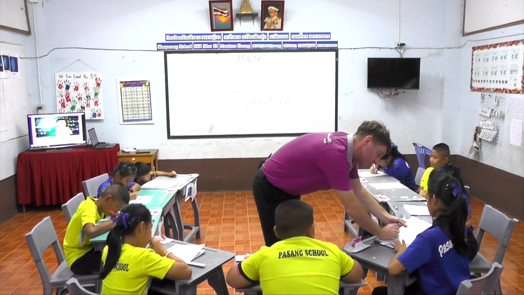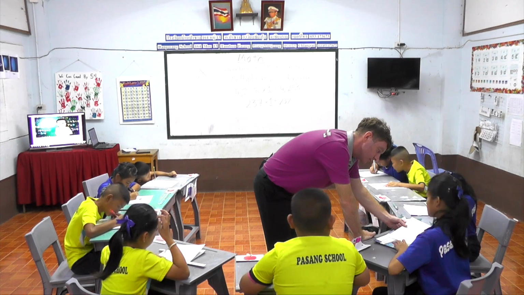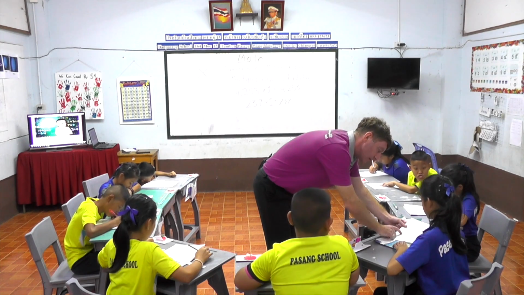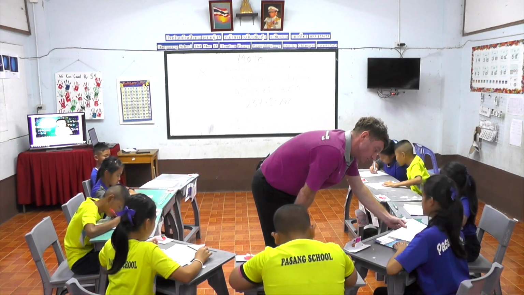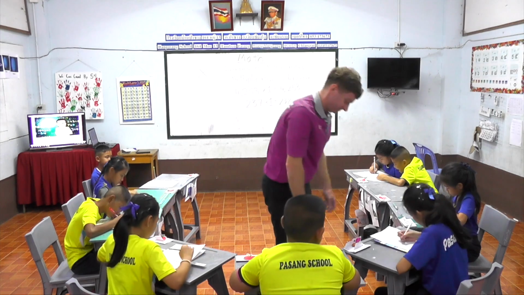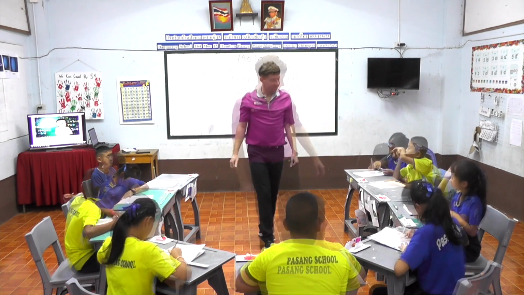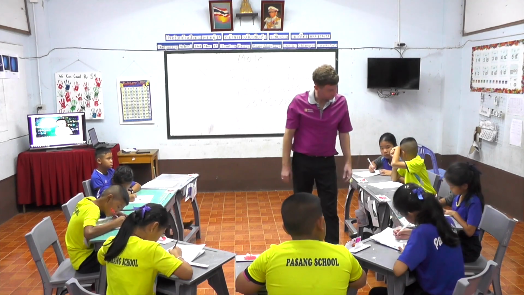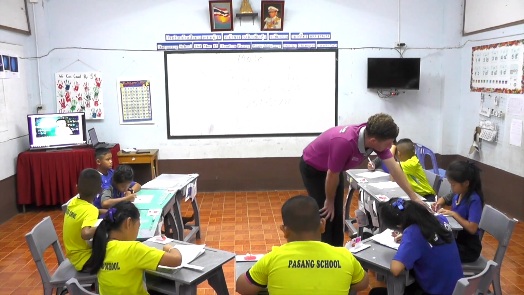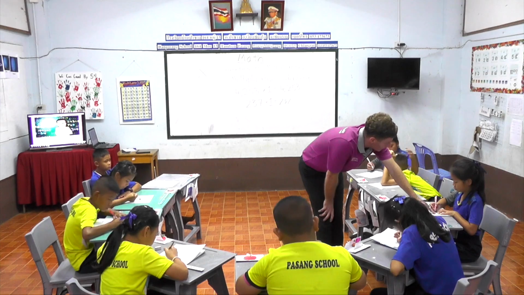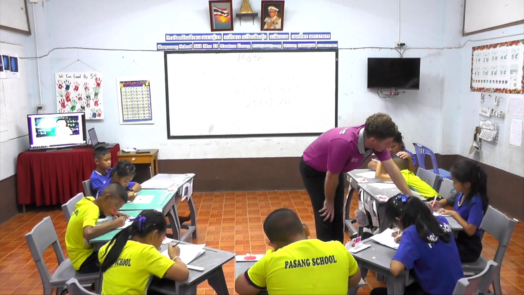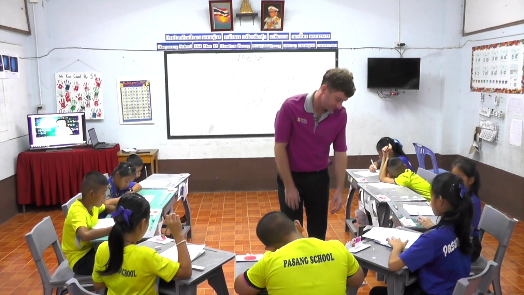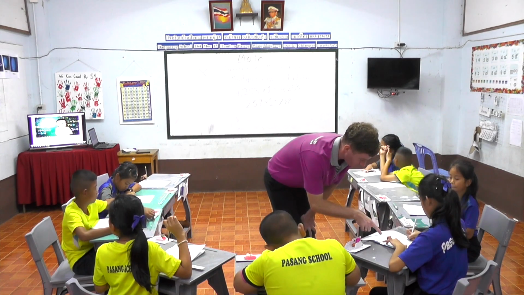Okay, 4 times 6 equals 24, times 5, 50. Correct. So then 5 times 4 equals 20. 5 times 6, 30. 50. Perfect.